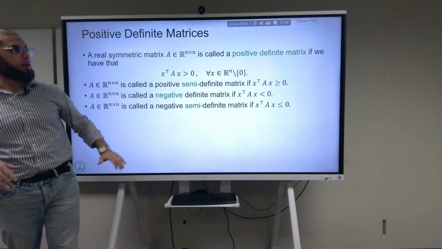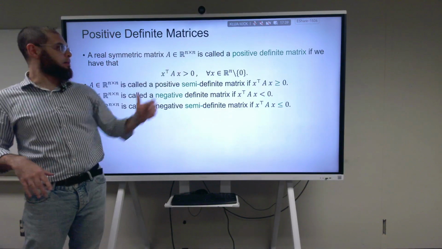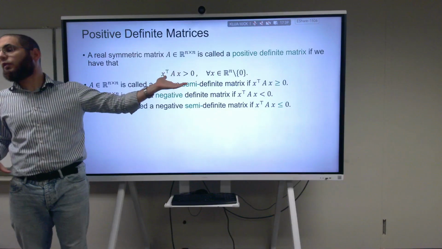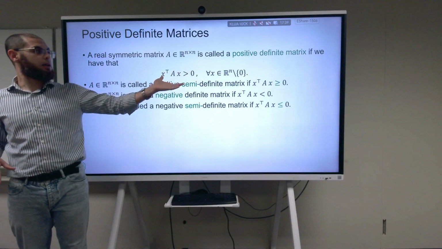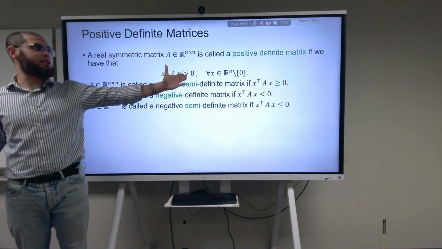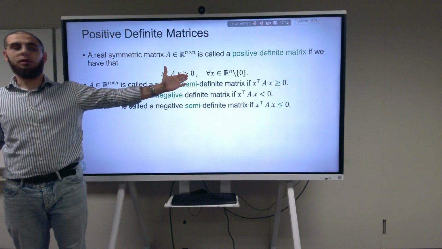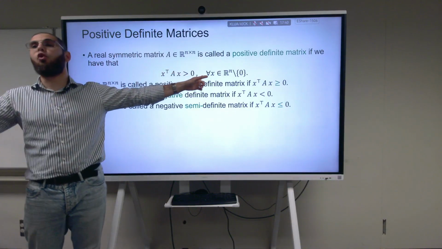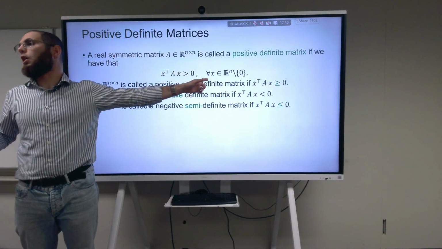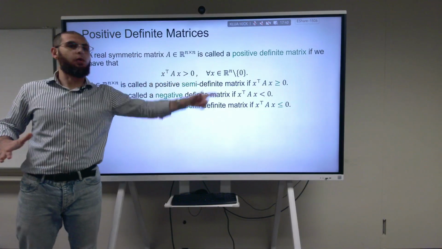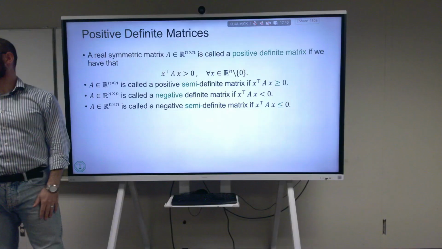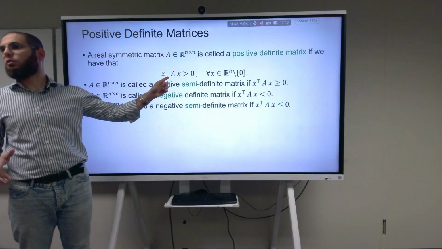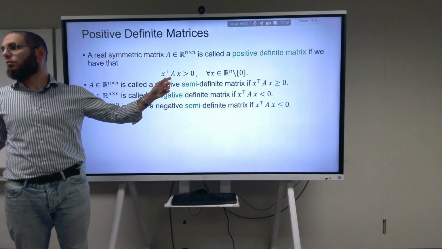And by n, we say it's a positive definite matrix if you can multiply it before and after by some vector, and it's always greater than 0, and this is valid for all vectors in Rn except the 0 vector. So it's only when I plug in here x to be 0 that I get the value equal to 0.